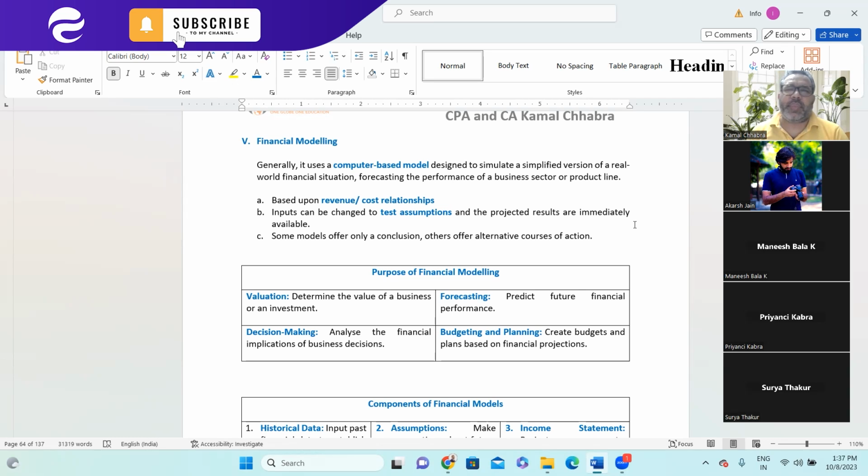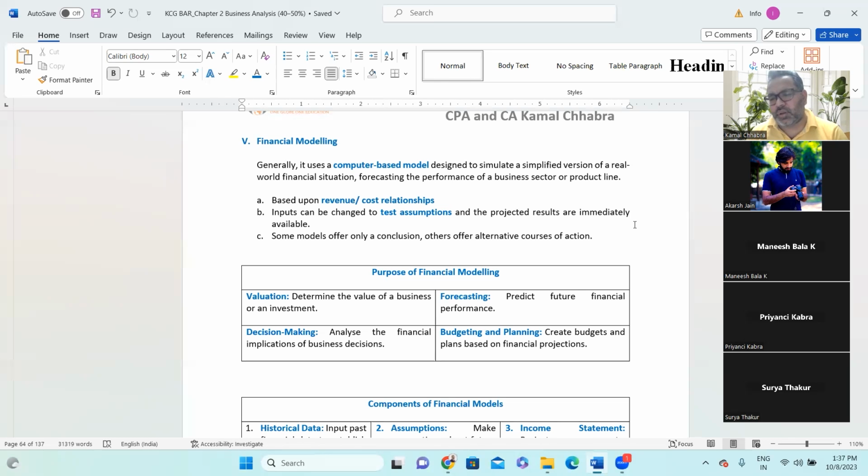Those are all different assumptions that a company uses when creating the provision for long-term employee benefit, right? So if for any reason there is a change in the expected inflation rate, a 1% increase or decrease, how will it impact your overall provision for employee benefit? That is called sensitivity analysis.